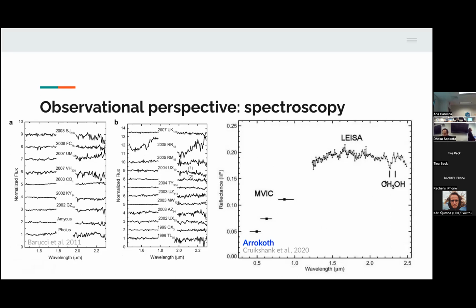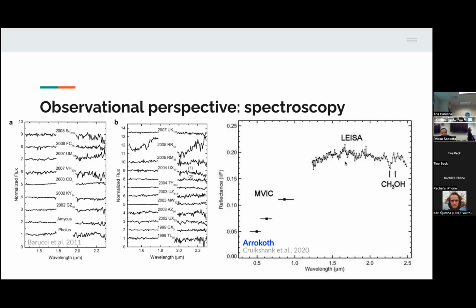This spectrum is from Arrokoth. Arrokoth is only 35 kilometers in size, but this spectrum was obtained by new instruments. So here we have signatures of methanol ice at 2.27 and 2.34 microns, with the shape of the spectrum here.